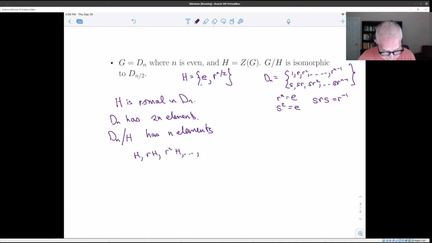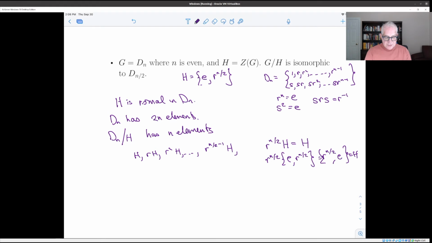But when you get to r to the n over 2 minus 1 H, the next one, which would be r to the n over 2 H, is H again. Because r to the n over 2 times e, r to the n over 2, is r to the n over 2 e, which is H again.